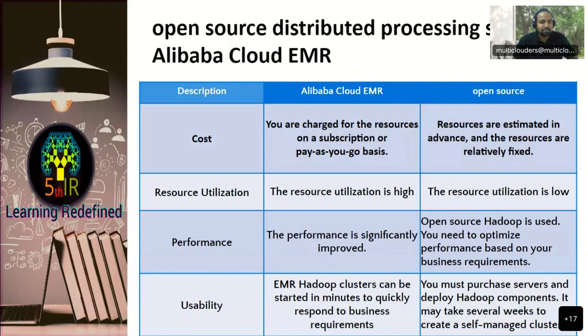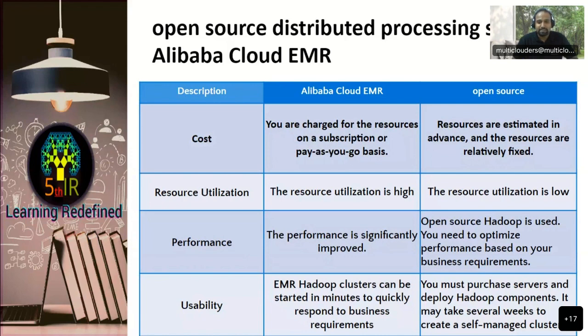In case of open source, everything is fixed. You have to estimate the number of resources needed in advance and allocate the resources in a fixed manner, so dynamic configuration of resources is not possible in open source, but in Elastic MapReduce it is possible.